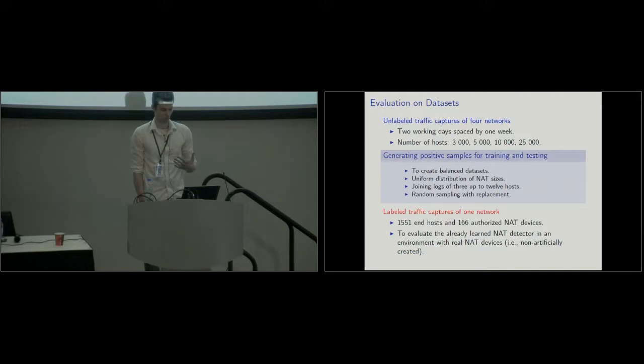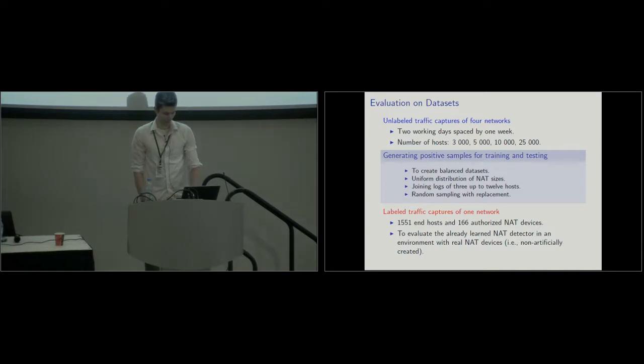We mark all the hosts in the data with the negative label. And in addition to them, we generated positive samples by merging their logs. And we do it in such a way that we generated a balanced data set. So this means that in the case when there were 3,000 hosts, and we mark them with negative labels, so we mark them as they are end hosts, we generated another 3,000 NAT devices.